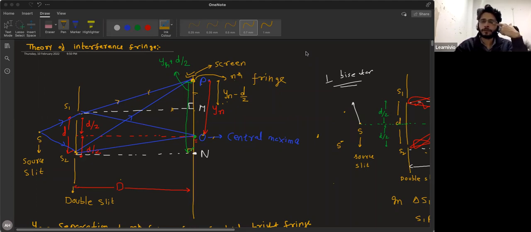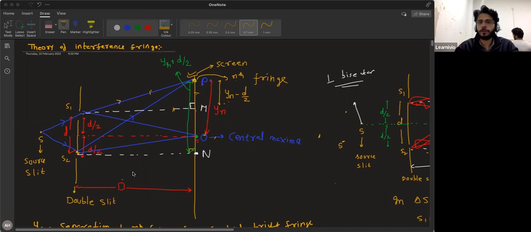So by the end of this one, we'll try to finish wave optics and reflection. After that, we will have a test, right? Yes.